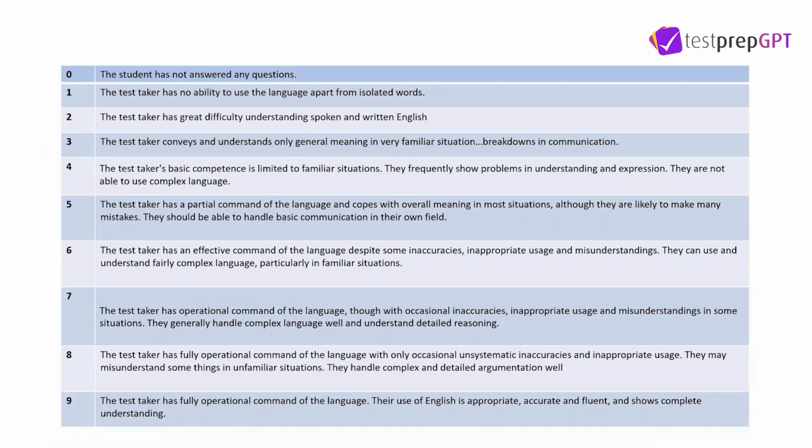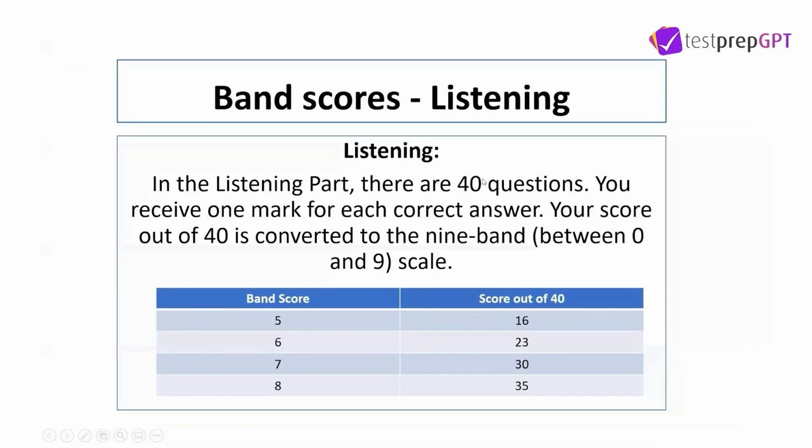So that basically means that you are operational at band score 6 and above. Band score 6, you may be still making mistakes, but you can communicate in the language. So that's obviously necessary for life or work in an English-speaking country. And if you want greater mastery in English, you'll be aiming for 7 and above.